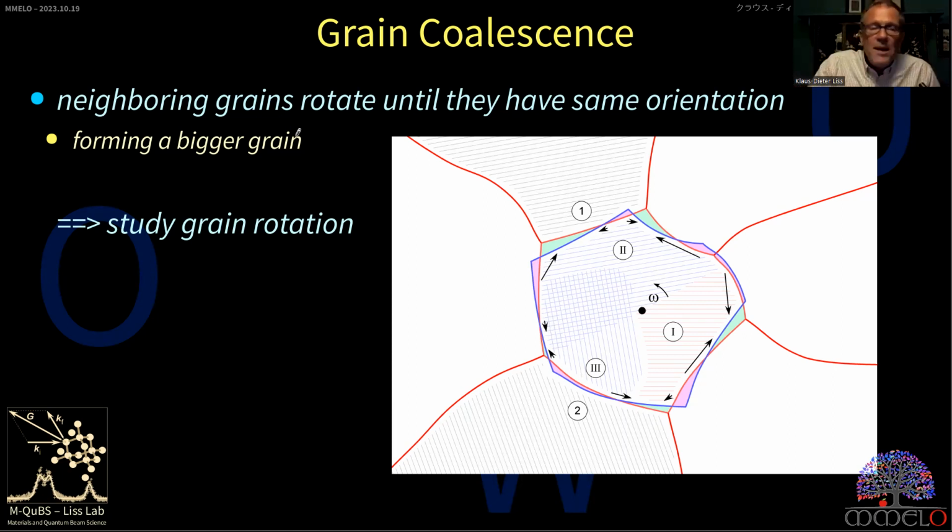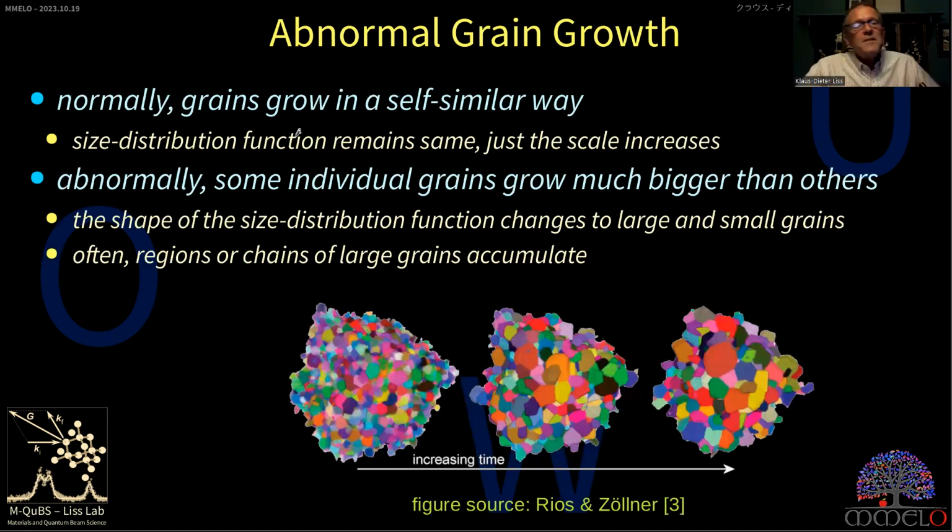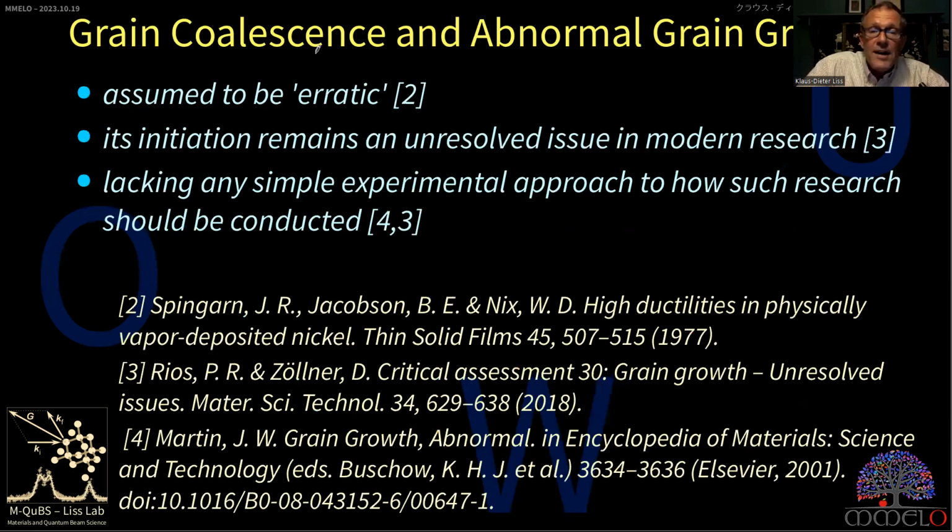Normally grains grow in a self-similar way, but abnormally some individual grains grow much bigger than others. This is well known. Grain growth coalescence and abnormal grain growth is assumed to be erratic.